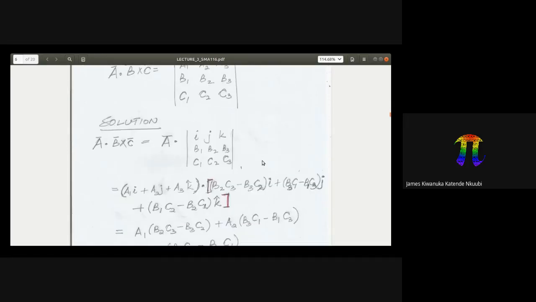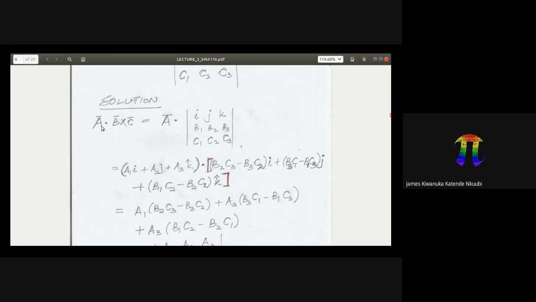So one way to do it is just to do the direct computation. We know how to compute B cross C. The B cross C is the determinant of this matrix. We know what A is. We can leave it intact there. So A dot B cross C would be A dotted with the determinant of this matrix.